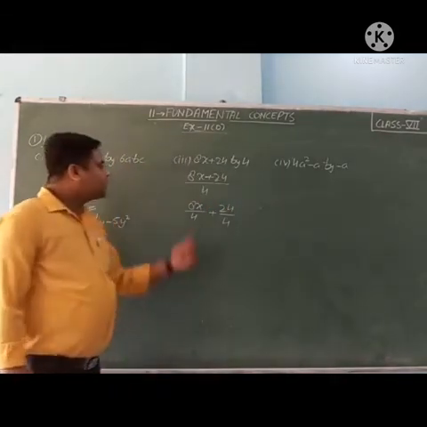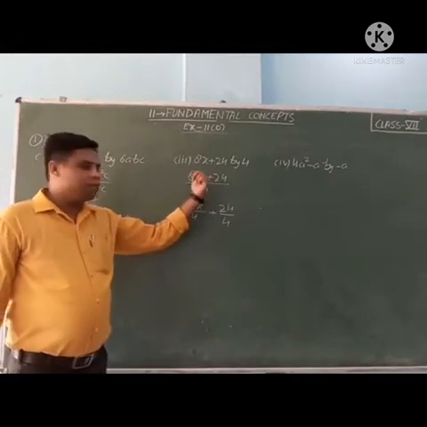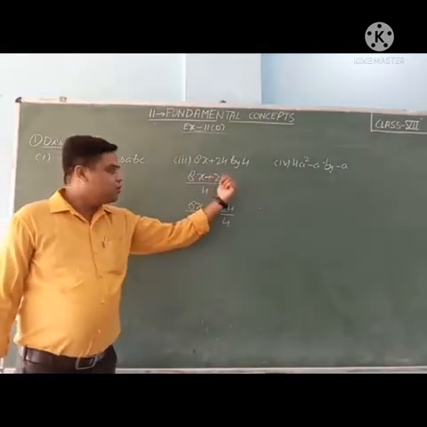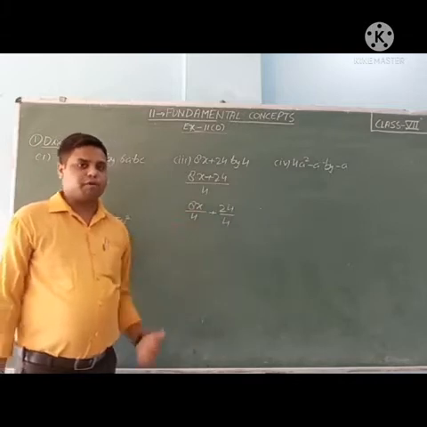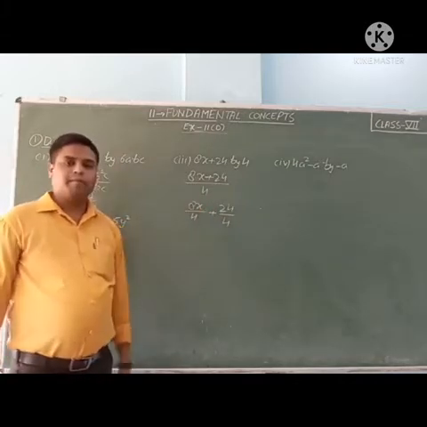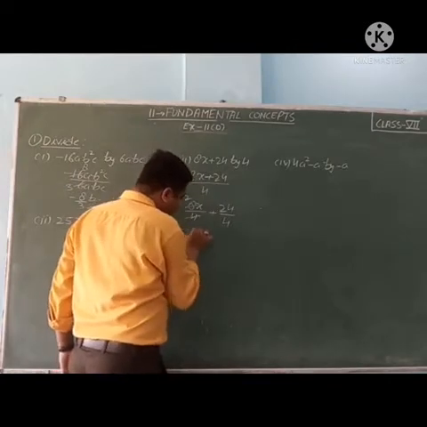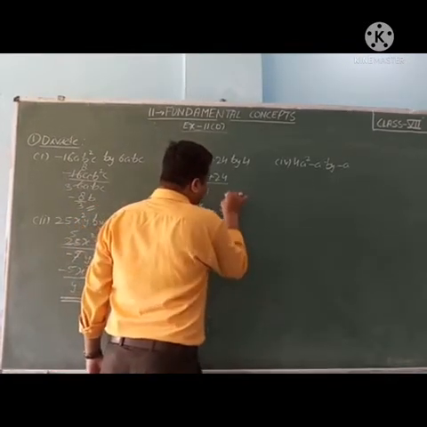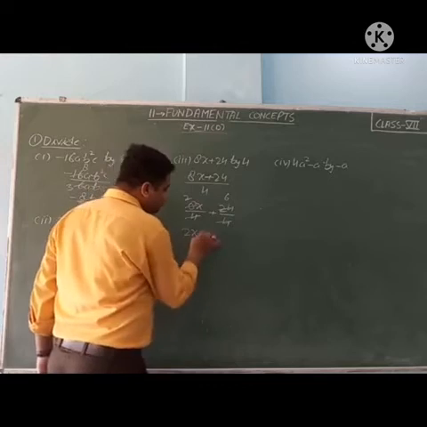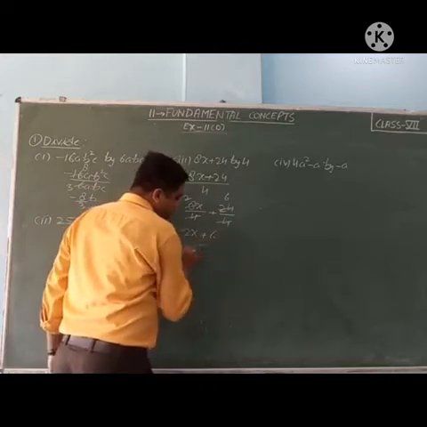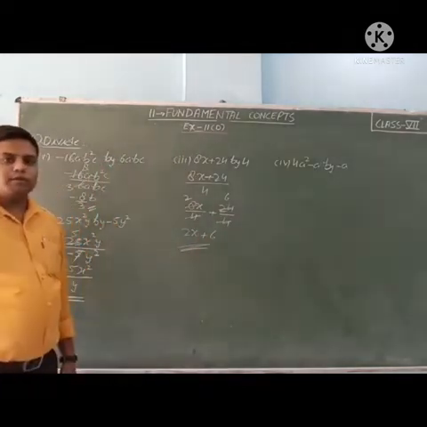We will take 4 in the denominator of 8x and also with 24, and this side will come 4 2s are 8, 2x, 4 6s are 24. It means 2x plus 6. The answer is 2x plus 6.